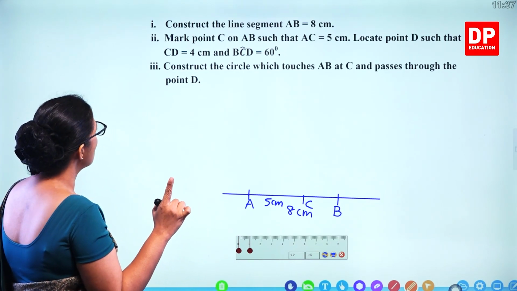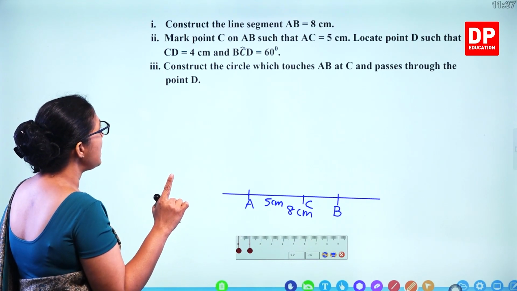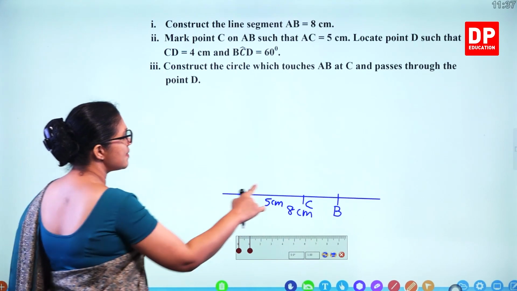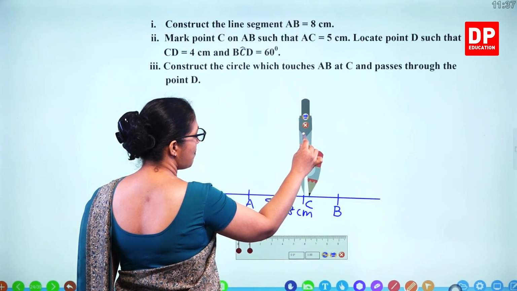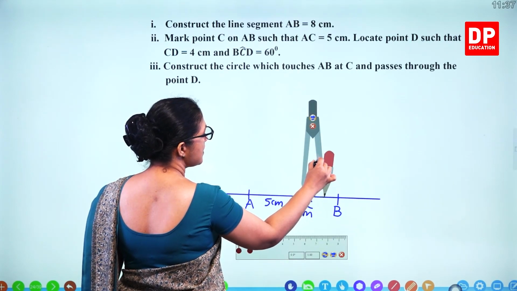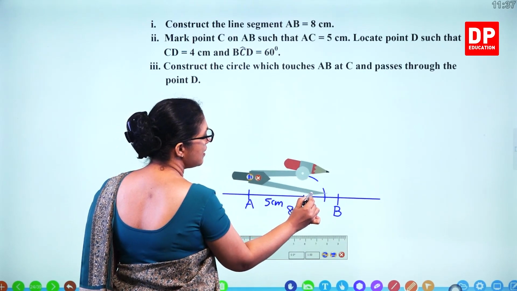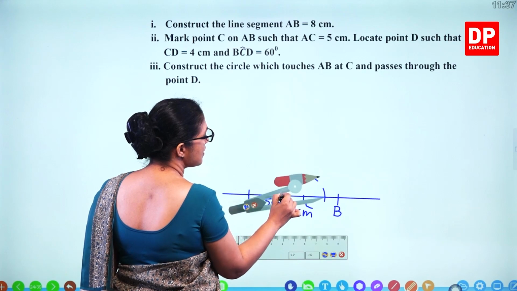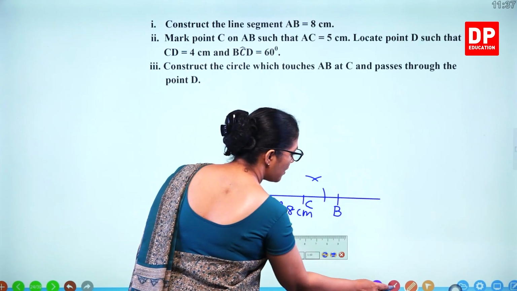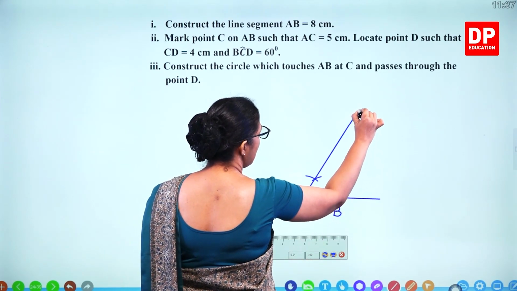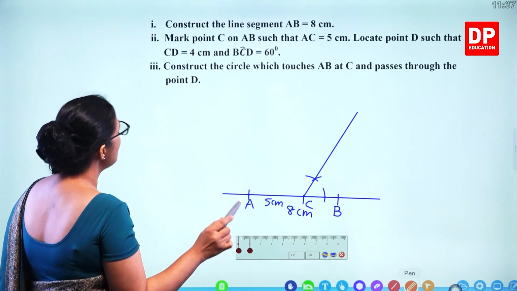Locate D such that CD is 4 and BCD is 60 degrees. So you need to construct a 60 degree angle at the point C. Take any distance, draw an arc here, an arc in the middle, and then find the intersecting point. You take the same distance. Now you can draw the line here, and it says CD is 4 centimeters.